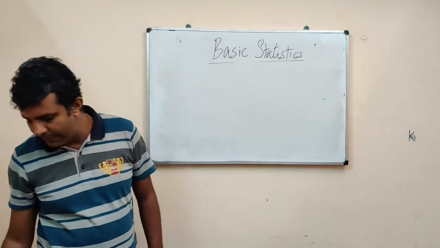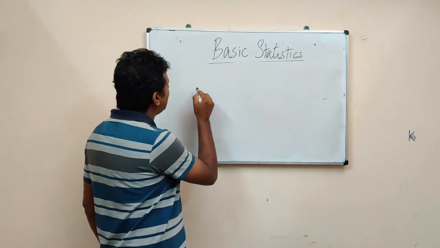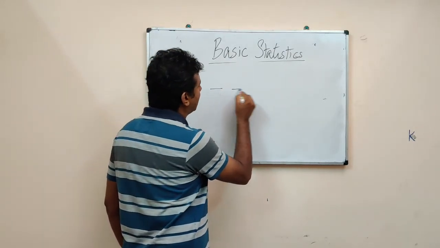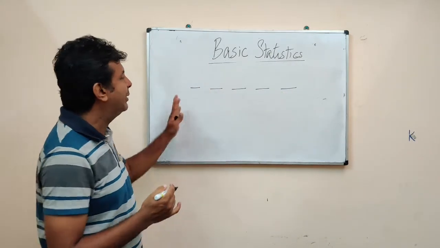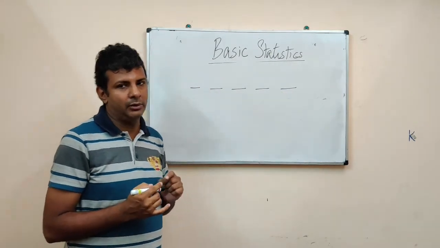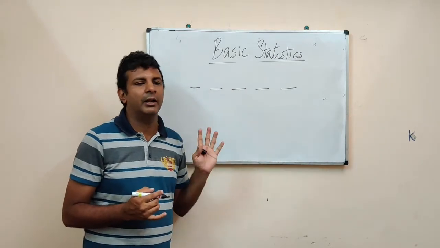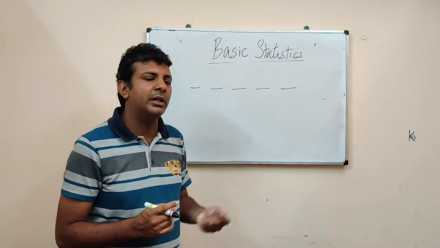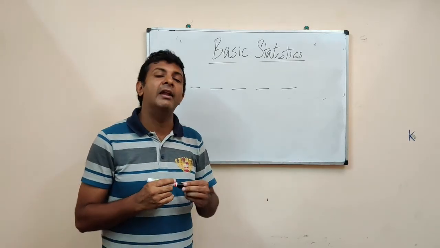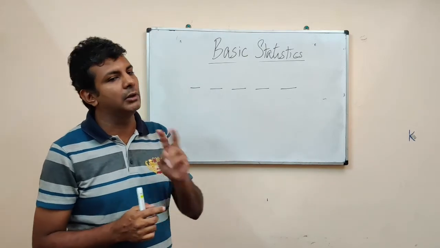Now let us see how we go about solving this problem. We will arrange this particular set of numbers in ascending order. How many numbers are there? 5 numbers. We know the mean will be the sum of these 5 numbers divided by 5. And what will be the median here? In the example that we discussed earlier, there were 10 numbers and the median was the average of the middle 2 terms.